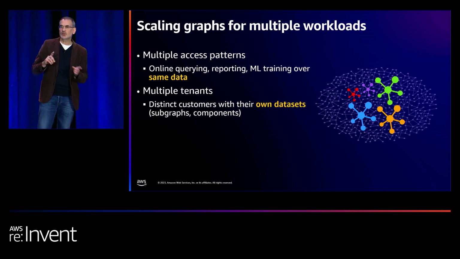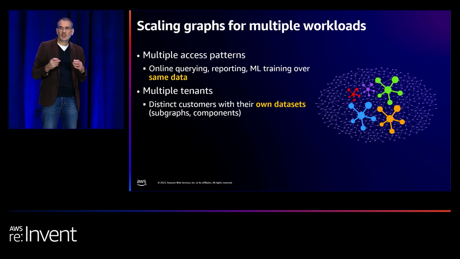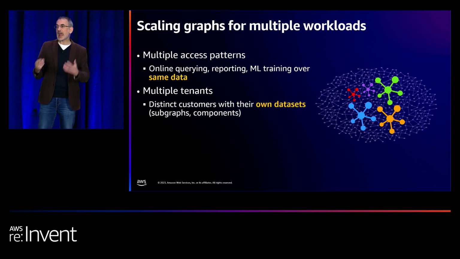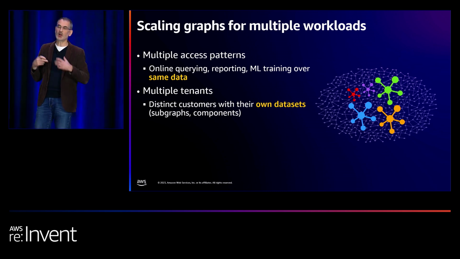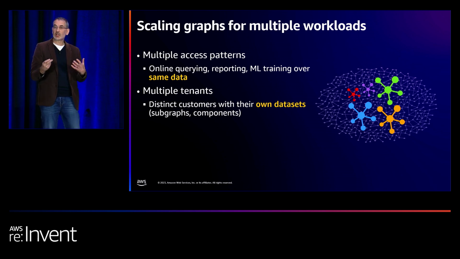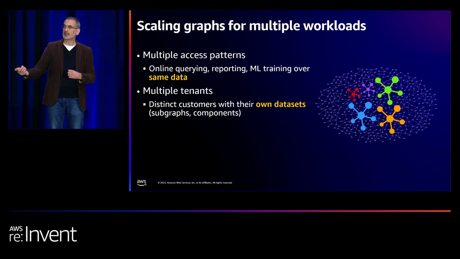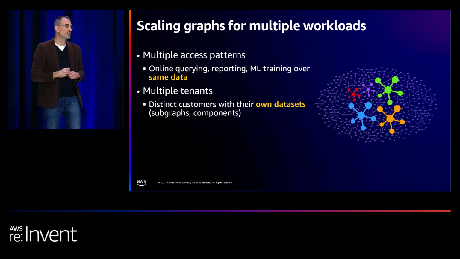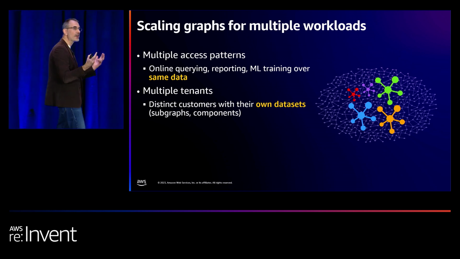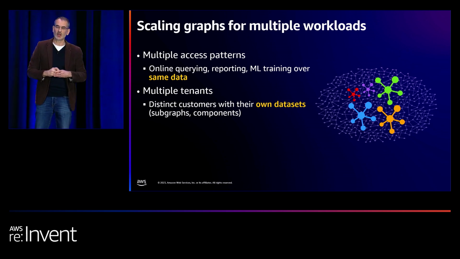And I mean 2 slightly different things here when I talk about multiple workloads. The first is the situation where you've got different query and access patterns running against the same underlying data. So this is the situation in which you may have some online queries backing that web app, and then you introduce some reporting or some analytics, or you decide to train a machine learning model. So very different query access patterns, but all touching the same underlying data set.